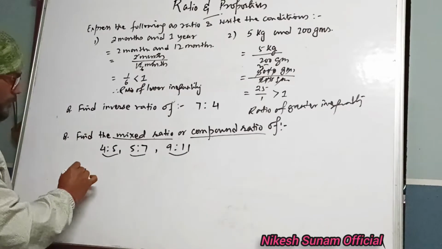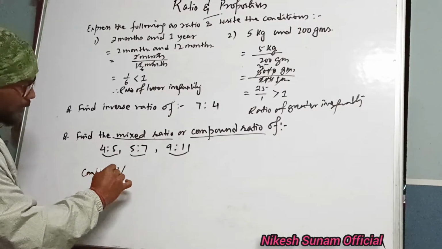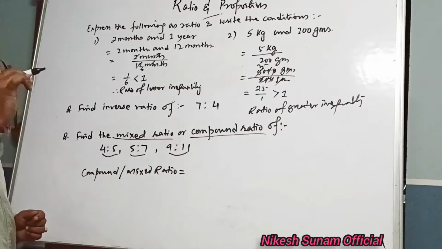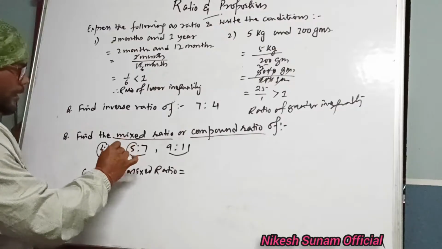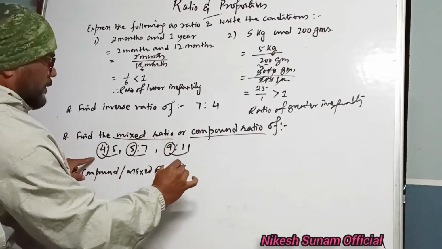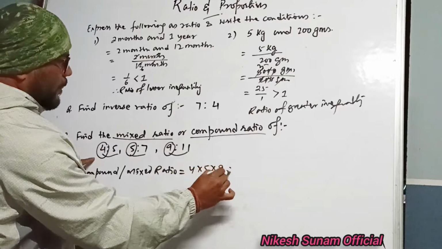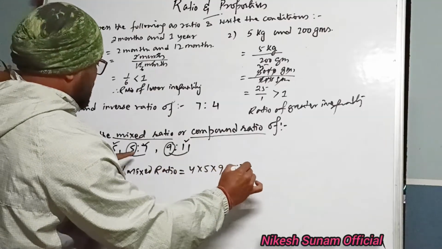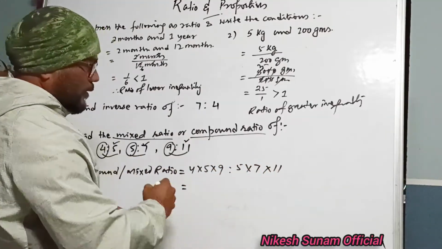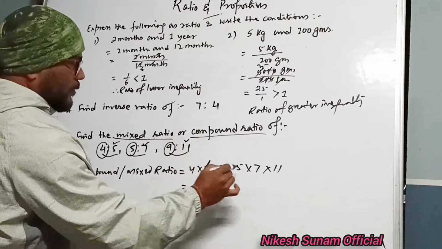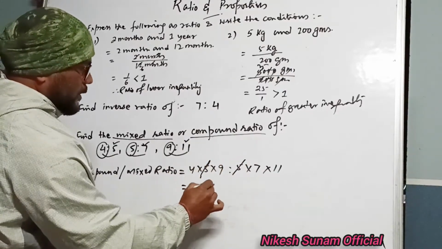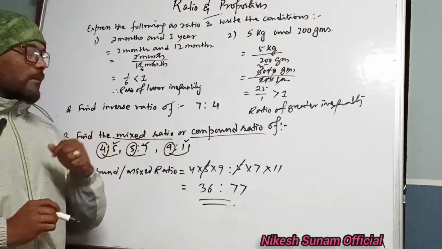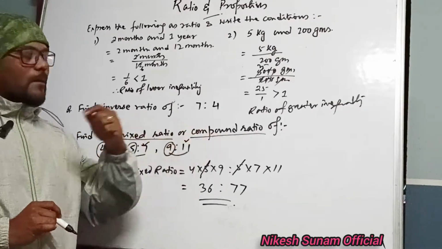If you are supposed to find the compound ratio or mixed ratio, same thing: you have to multiply the numerators of the first, second and third ratios, that is 4 into 5 into 9, and the denominators of the 3 ratios, 5 into 7 into 11. Now you find the resultant value. 5 will be cancelled. 9 times 4 is 36, 7 into 11 is 77. So this is the way you are supposed to get the value of a mixed ratio or compound ratio.